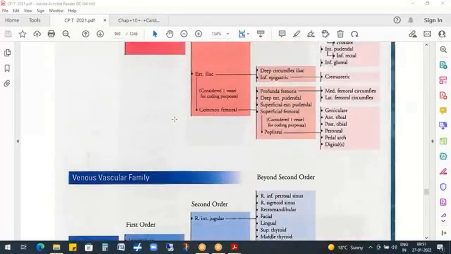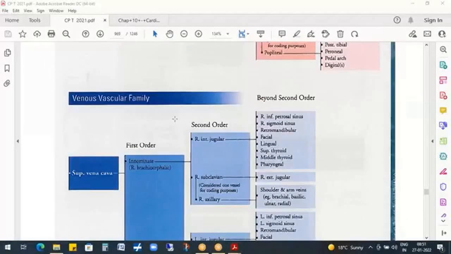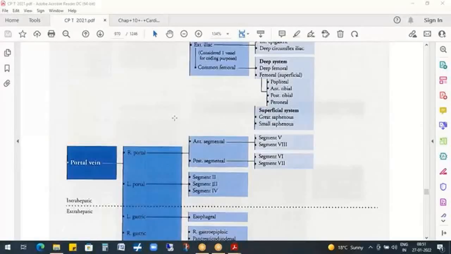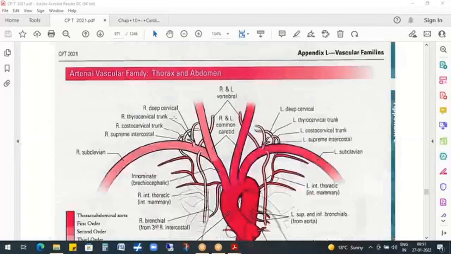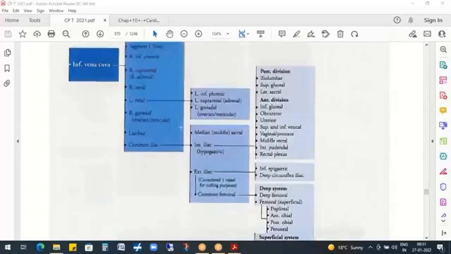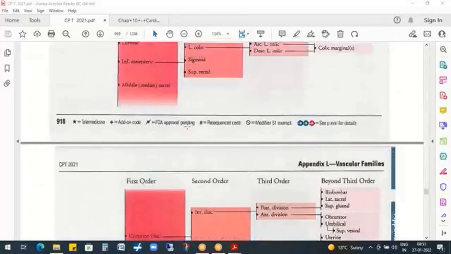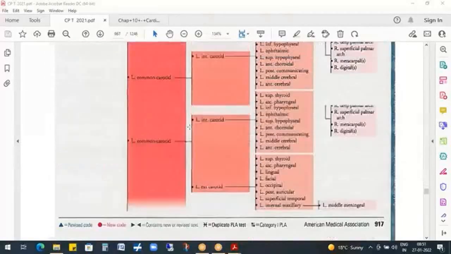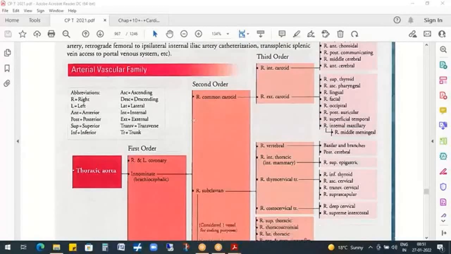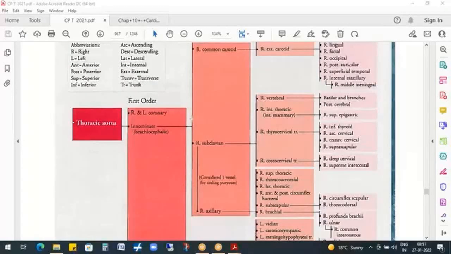Are you there, everyone? You can see the codes here, but it may be a little dark for you. Are you able to see these families? Clear?